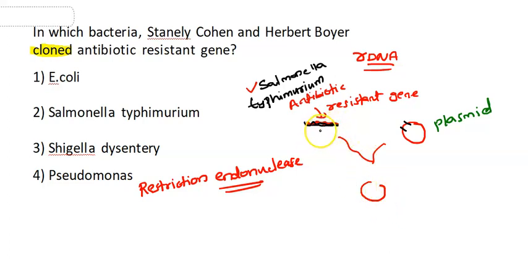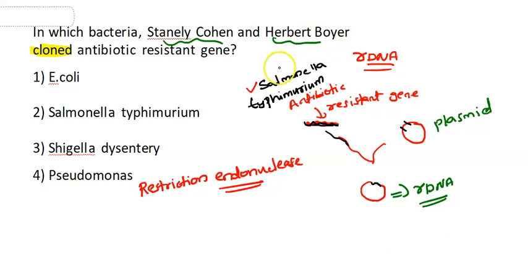We will put this antibiotic resistance gene into this plasmid. So now this is called rDNA, or recombinant DNA. This was the first recombinant DNA, made by two scientists, Stanley Cohen and Herbert Boyer.